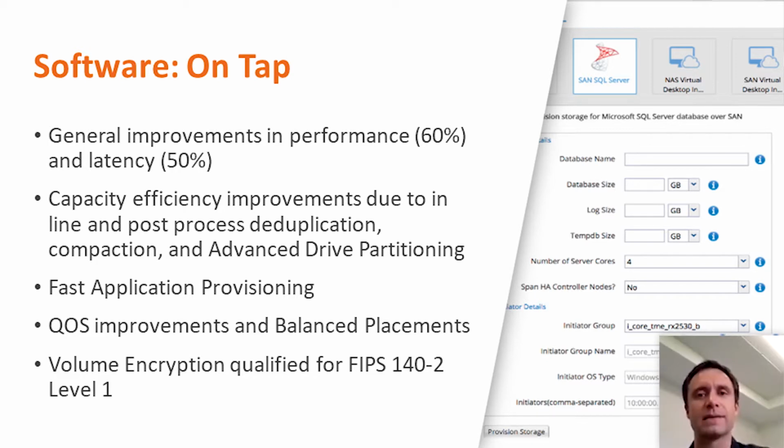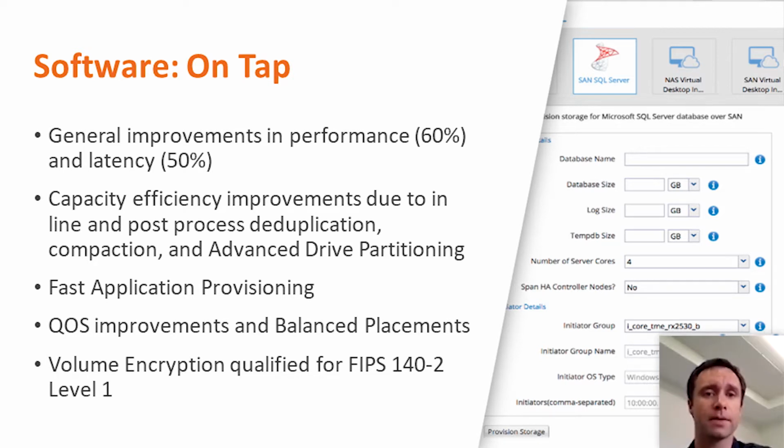With some other arrays out there, if you do want to do inline deduplication, you've got to have an all-flash array. But depending on the use case, we can do inline deduplication and post-process on an array running some hybrid volumes.